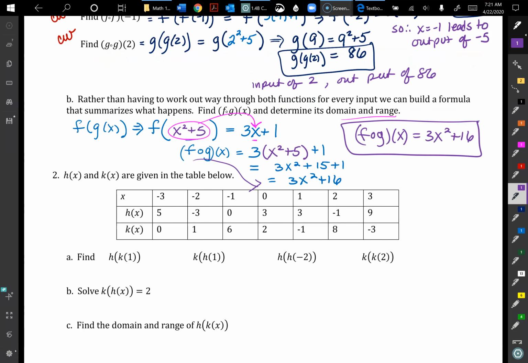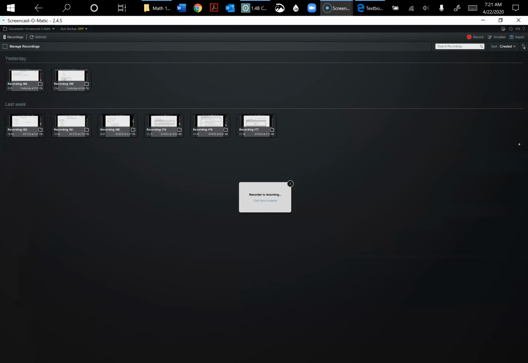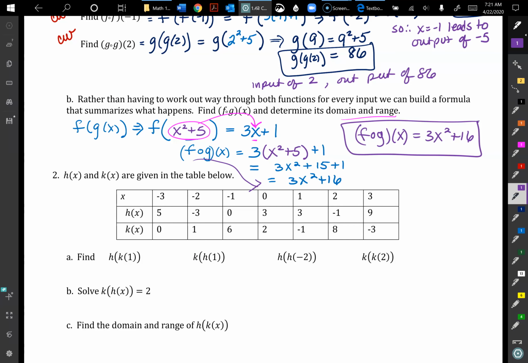Actually, before we move on, I wanted to talk about domain and range. The domain on this would be all real numbers. And then for the range, we have to think about what the lowest output would be, which is 16, because if x is 0, it'd be 16.